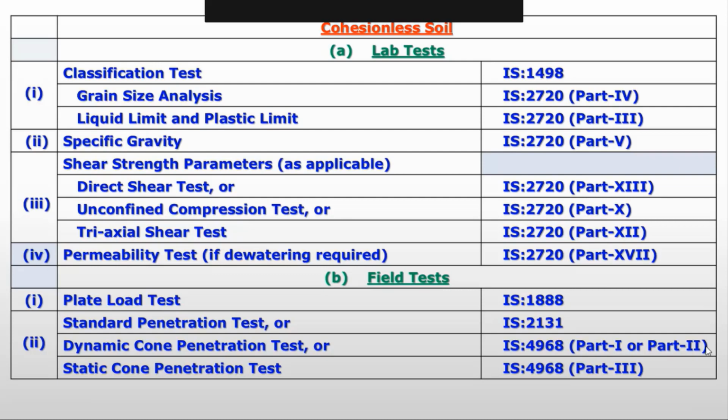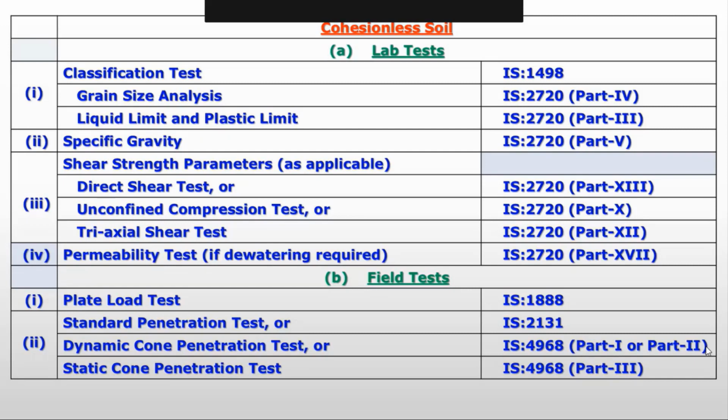So now we will come to the location. Basically the soils are of two types: cohesionless soil and cohesive soil. So the mechanical properties which are required and the behavior are quite different. So what are the properties which we take and what are the tests which we do for the cohesionless soils?